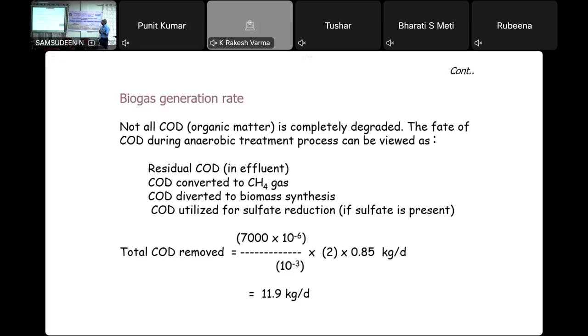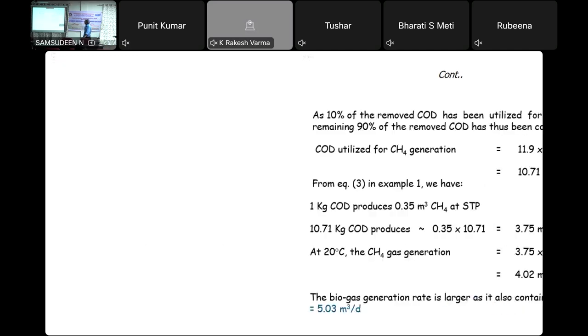So those are some variables that you need to take into account. Now the total COD removed, going back to the same calculation, is 11.9 kilogram per day. Okay, now go to the next slide.